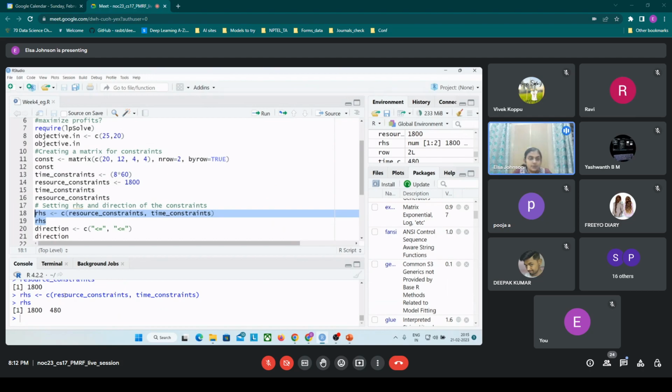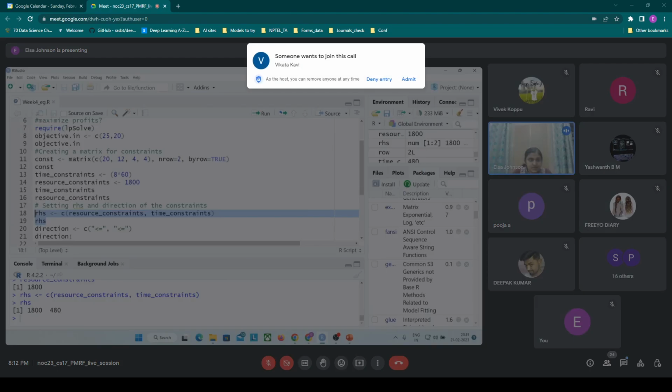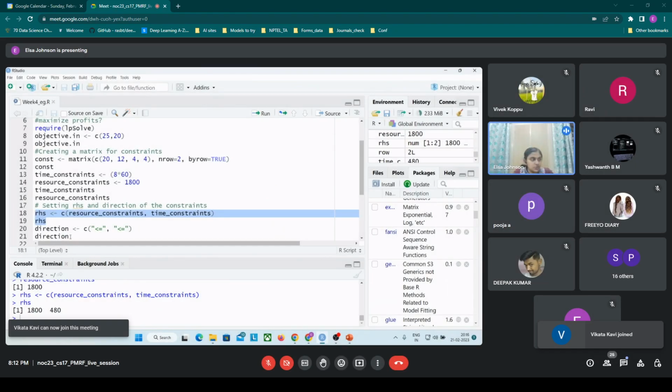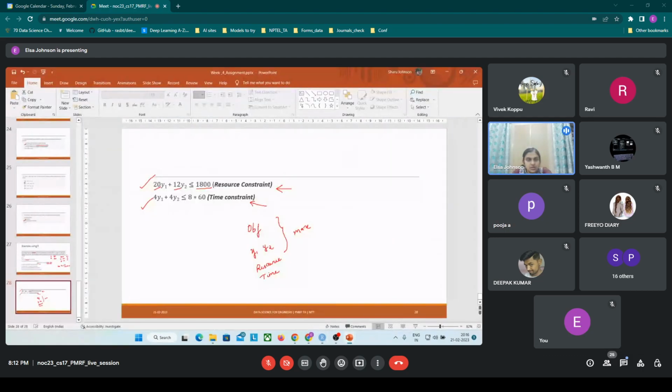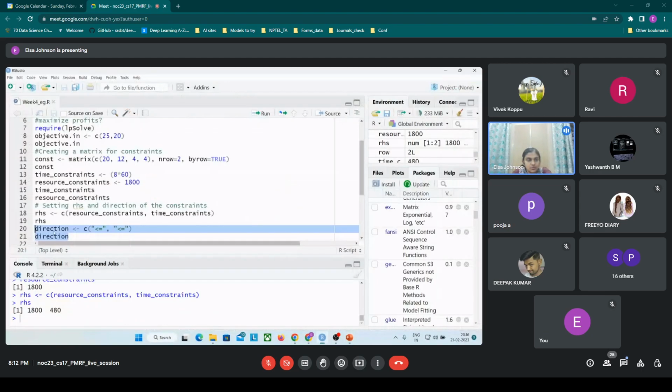Okay. Now another thing is direction. Why I'm giving it like this, I'll tell you in a moment. So direction means what is the direction of the constraint. Here you can see less than or equal to, less than or equal to. So you can put direction as c of less than or equal to, less than or equal to.